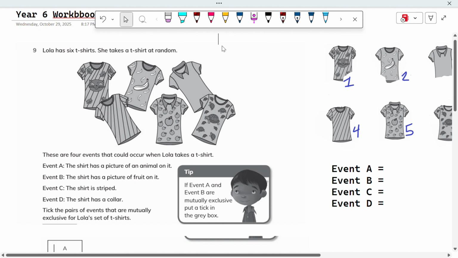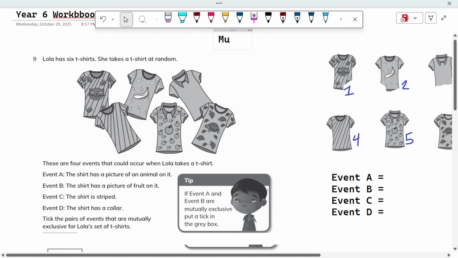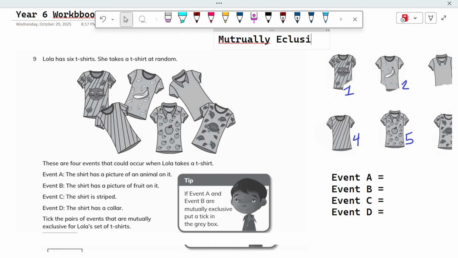When we say two events are mutually exclusive, that means that they don't have anything in common.